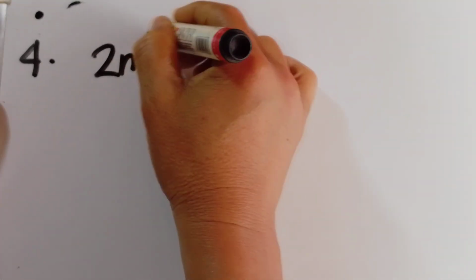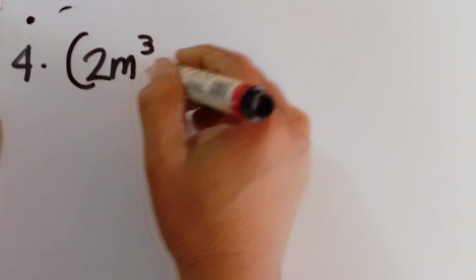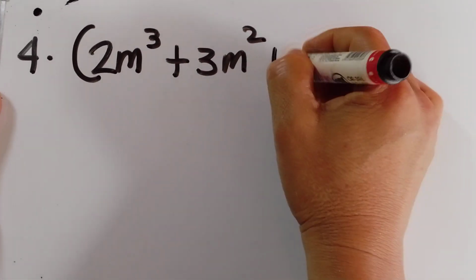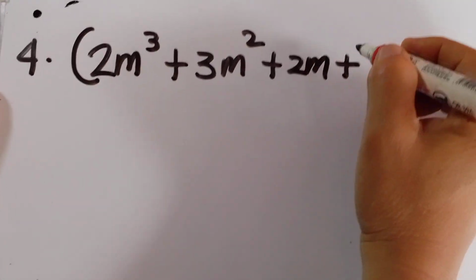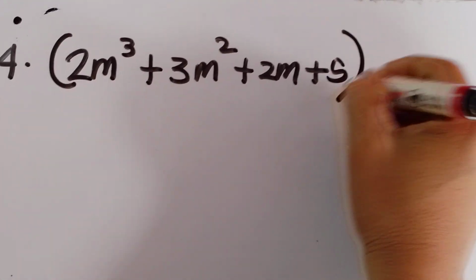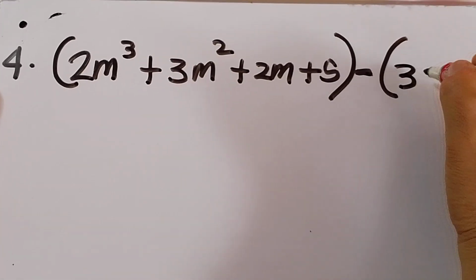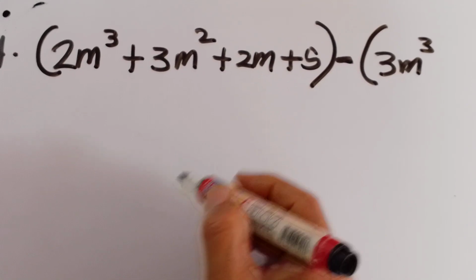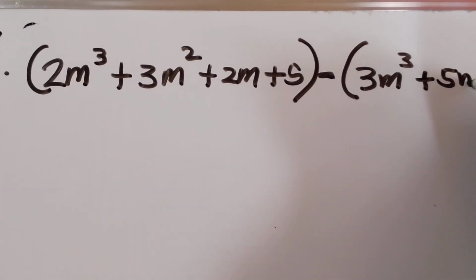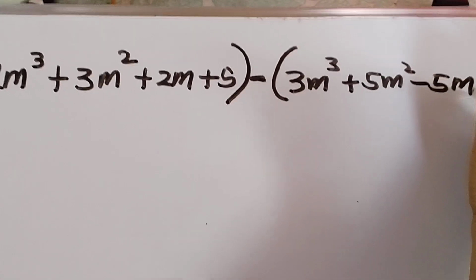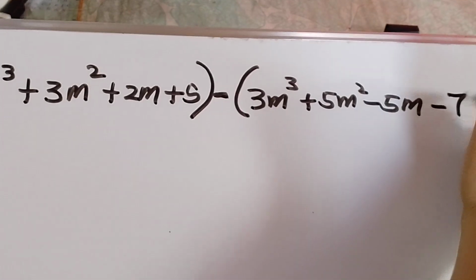Okay, number 4. (2m cubed plus 3m squared plus 2m plus 5) minus (3m cubed plus 5m squared minus 5m minus 7).